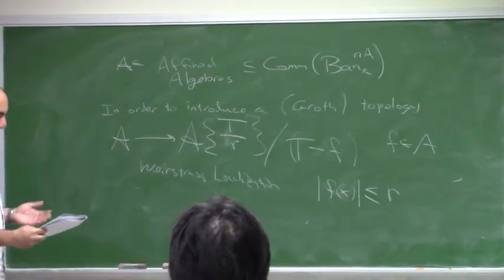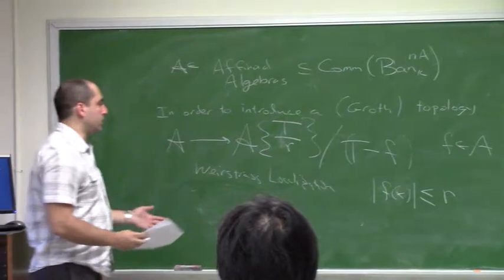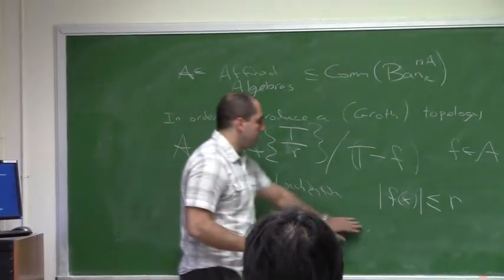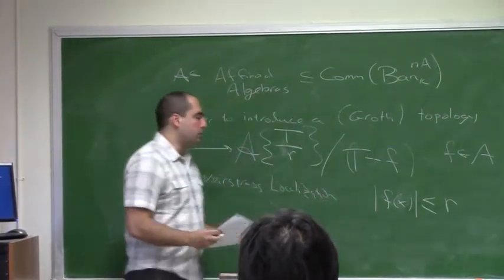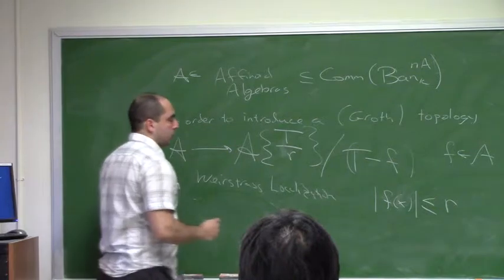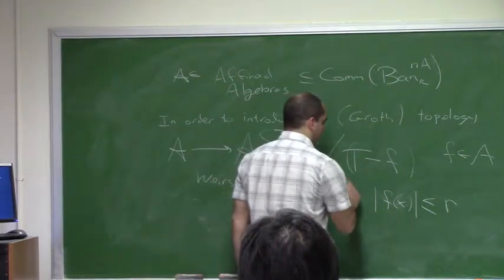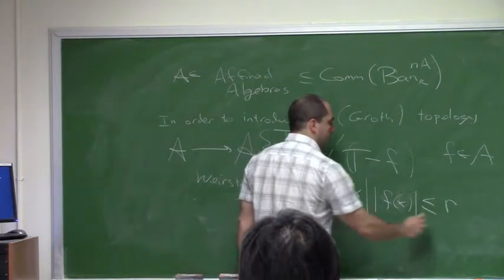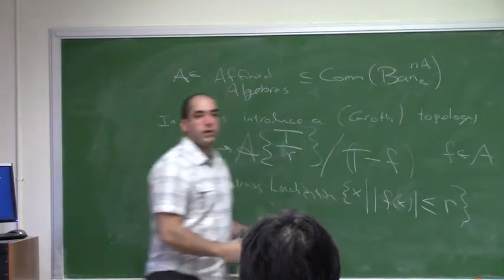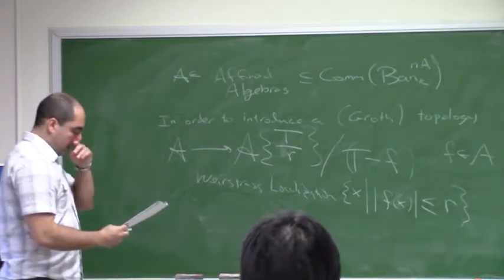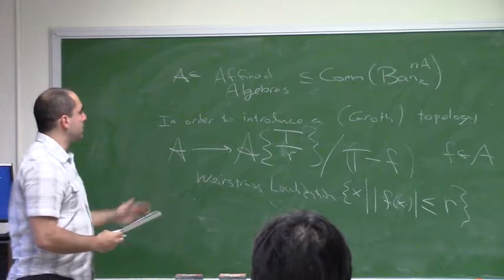You might ask, well, points where? There are various definitions of spectra in analytic geometry, and there are points in that spectrum. So this is looking at the set of points x such that f of x is less than or equal to r. It's a convex subspace.